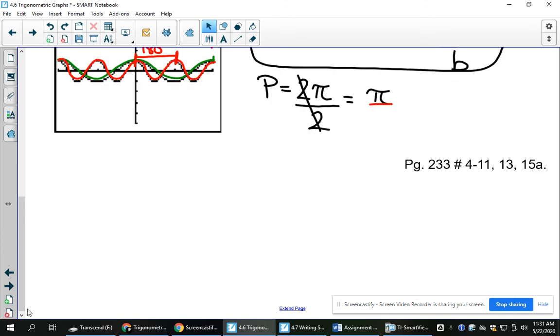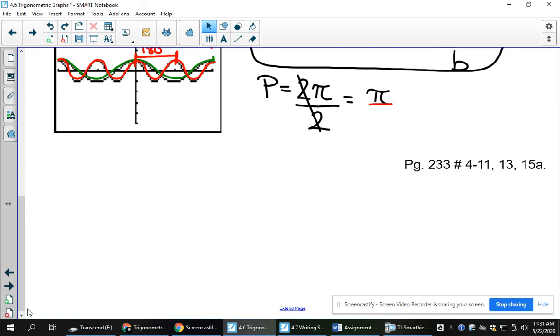The other thing I'd like to assign is that you sketch yourself some mother functions. Give yourself a very high quality, detailed sketch of sine x and cosine x. You can use your calculator. You can use videos online to help you sketch it. You can rewind the video, pause it, and sketch the one that I have.